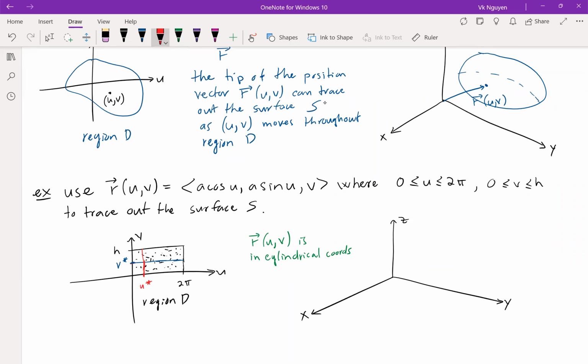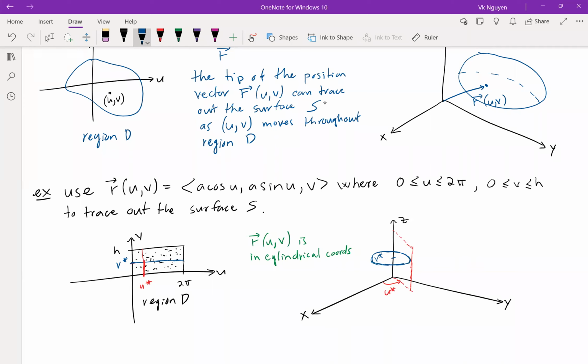So for the u star, we go somewhere right here for some angle, and that angle is the u star. Why a circle?